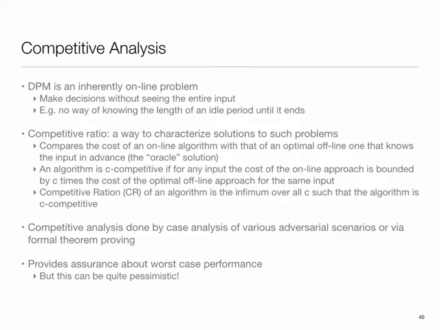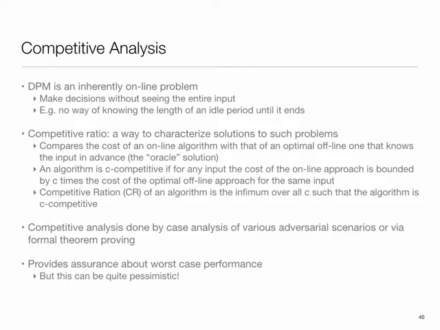So what's a good metric to say how well we are doing? The metric which is used is called competitive ratio. It's a general way to characterize, nothing to do with power management, how good an online algorithm is. It compares the cost of an online algorithm with what an oracle would have done, the optimum offline algorithm.